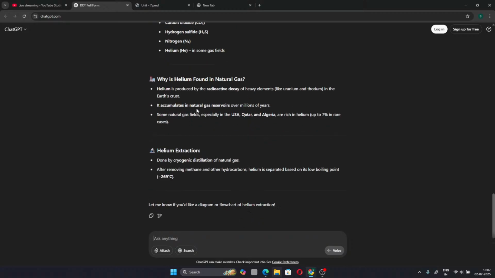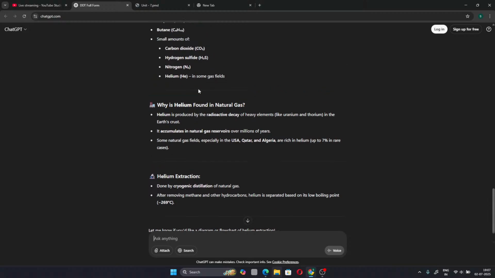Why is helium found in natural gas? Helium is produced by the radioactive decay of heavy elements like uranium and thorium in the Earth's crust, through alpha decay, which produces helium. It accumulates in natural gas reservoirs over millions of years. Some natural gas fields, especially in the USA, Qatar, and Algeria, are rich in helium, up to 7% in rare cases.